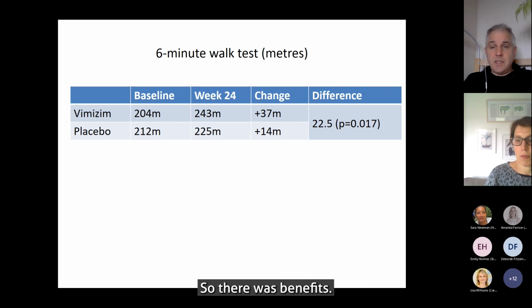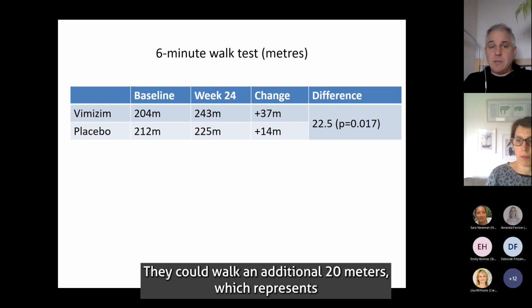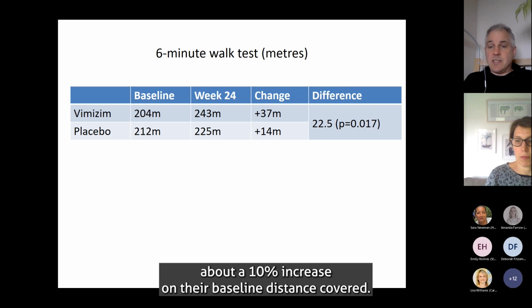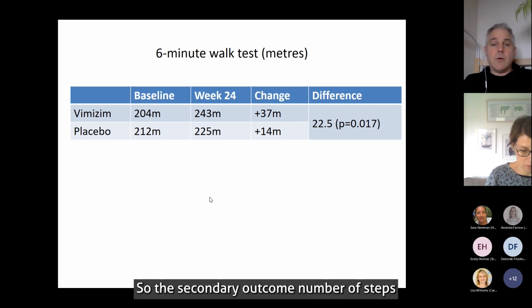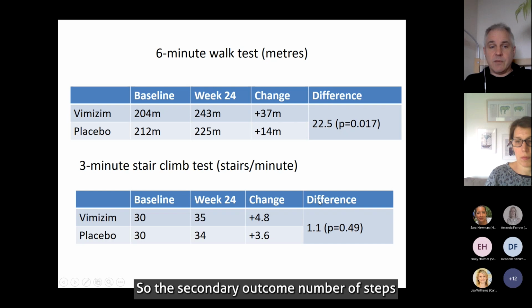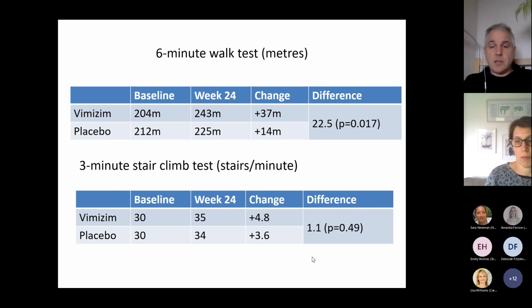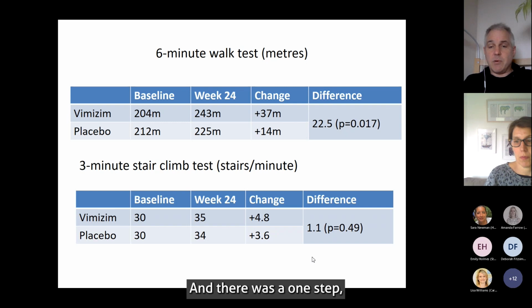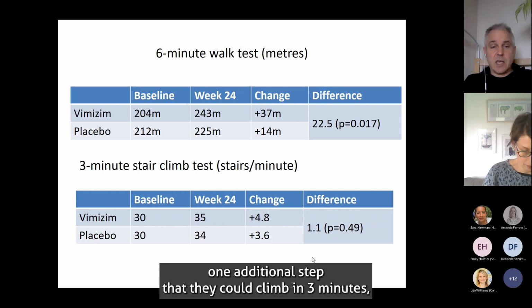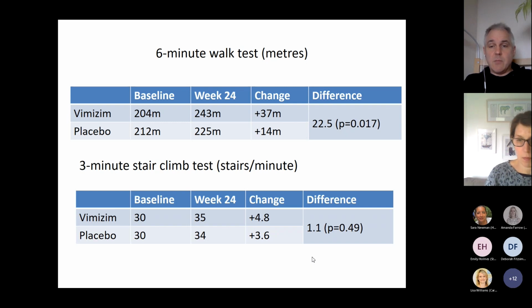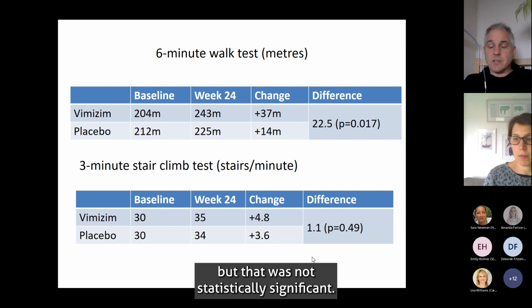So there was benefit. They could walk an additional 20 meters, which represents about a 10% increase on their baseline distance covered. Now, for the secondary outcome, number of steps climbed, there was no difference between groups. There was one additional step that they could climb in 3 minutes, but that was not statistically significant.